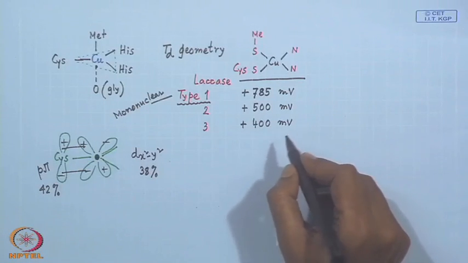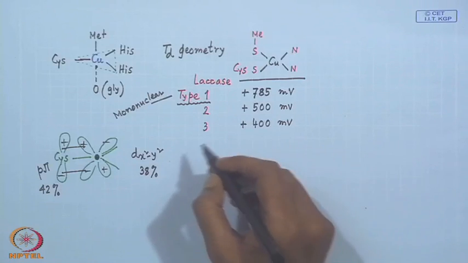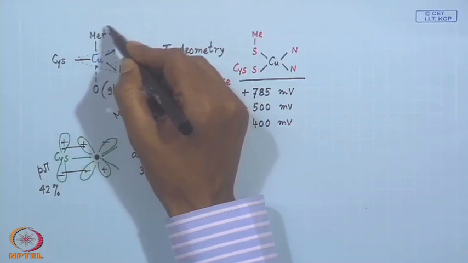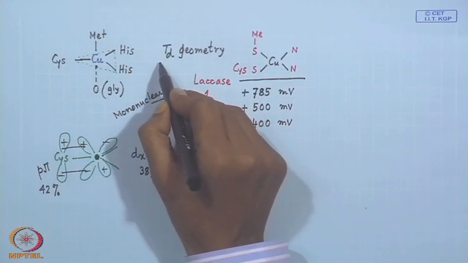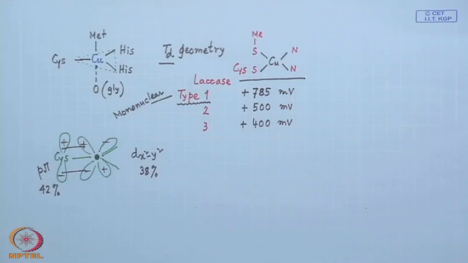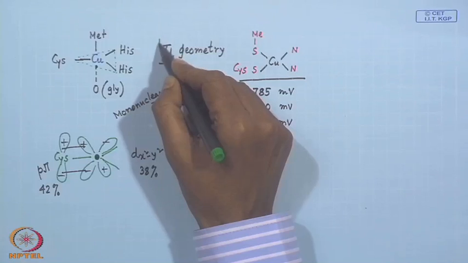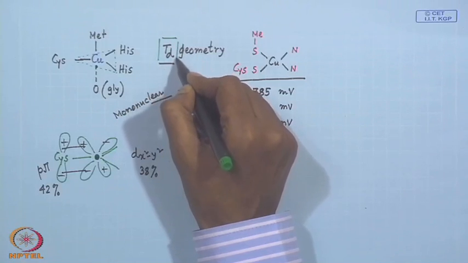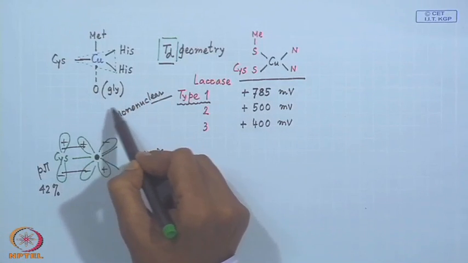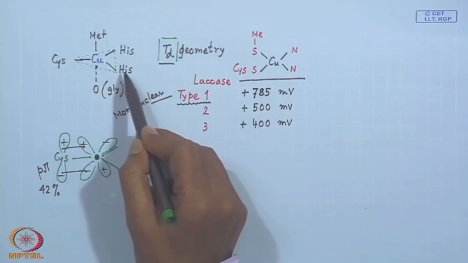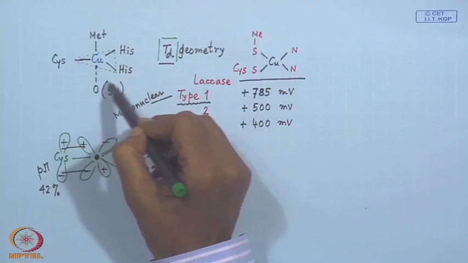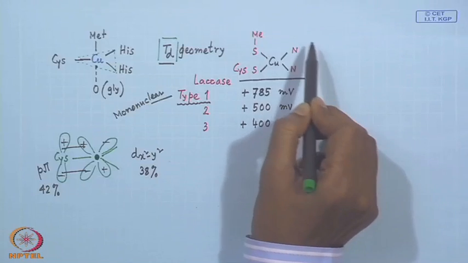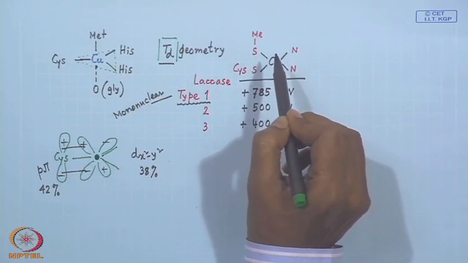So, when we go for this particular change, that means methionine sulfur is interacting with the copper center, and when we consider a tetrahedral geometry, that means if you simply take out this oxygen and you remain with these two, this geometry is not a regular tetrahedral geometry.